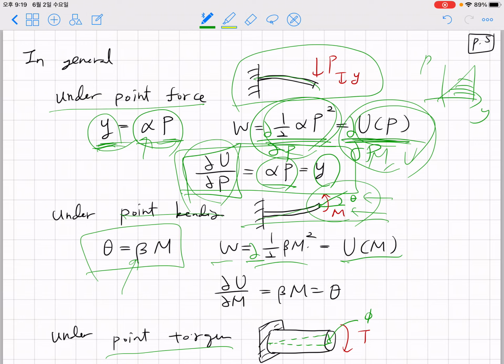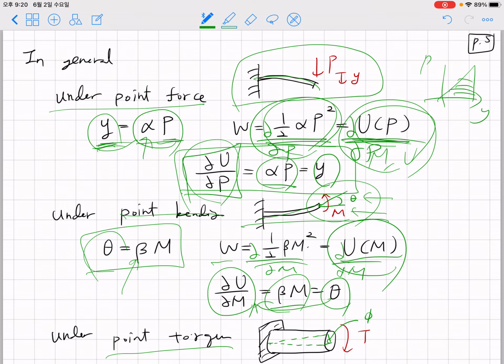So if you do partial M on both the left and right side of the equation, you find that partial U partial M should be the same as beta M, and beta M is defined as theta, so theta can be written as partial U over partial M. Or in other words, if you have the strain energy for the structure as a function of M, you can obtain theta from this partial derivative.